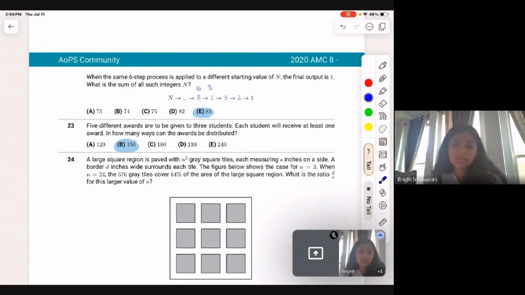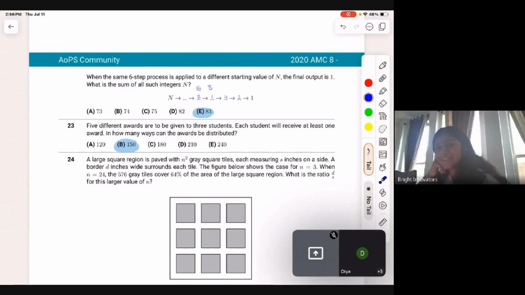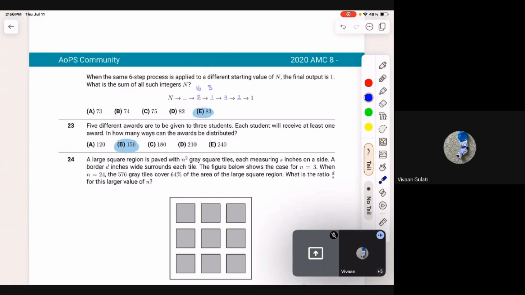Let's go to this one. Dia. I don't know. I think I guessed on this one. Okay. Who's got this? Levon, do you have a way to solve it that is not guessing? I'm pretty sure. Well, let me look at my notes.